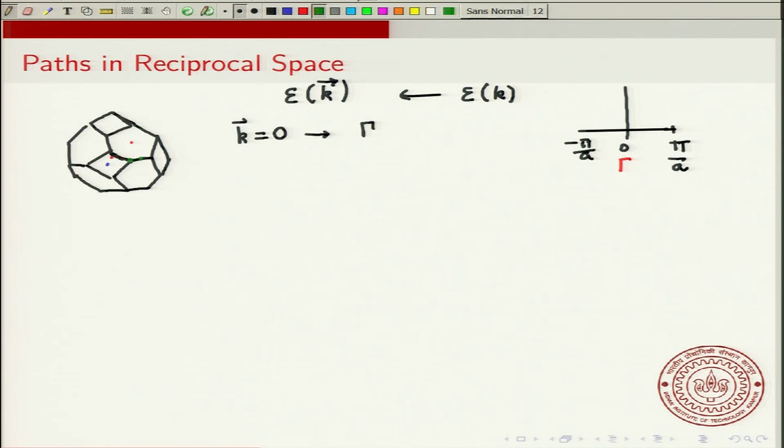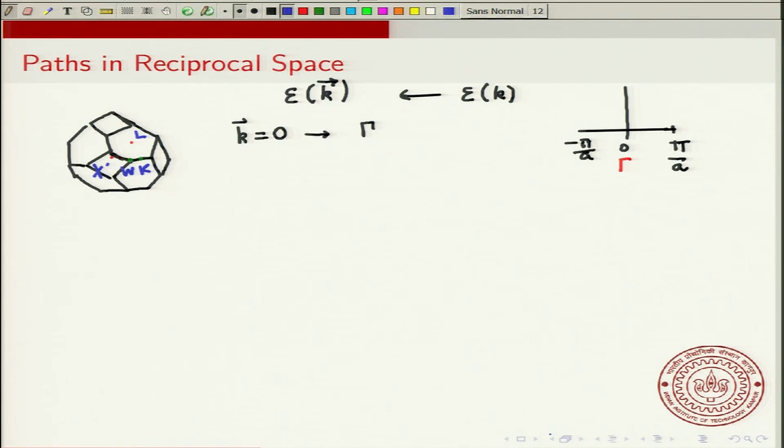You could go somewhere here, and in each case your band structure will look different. So, what is done traditionally is each of these points are given a name. So, this point is called X or chi point, this is called L, this is W, and this is K. These are capital Greek letters.